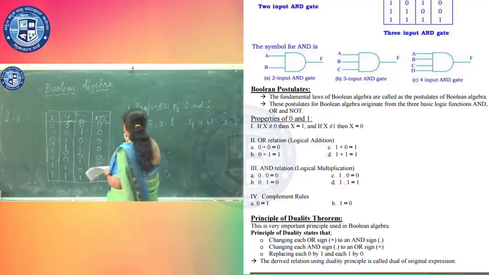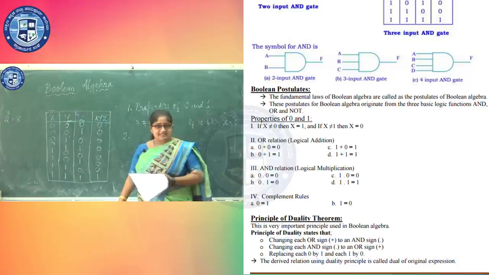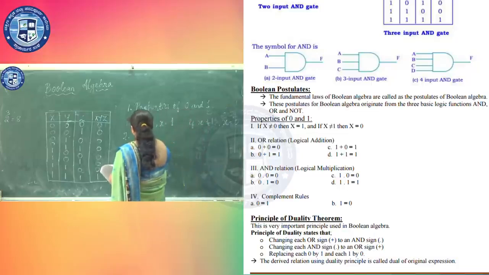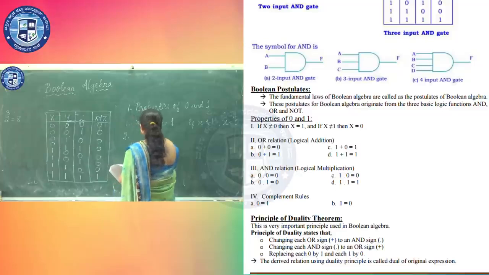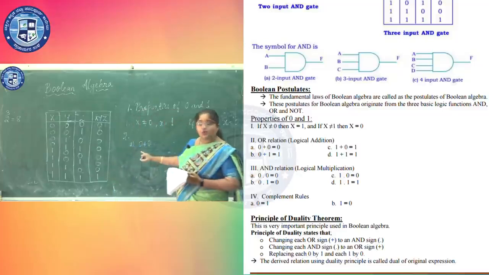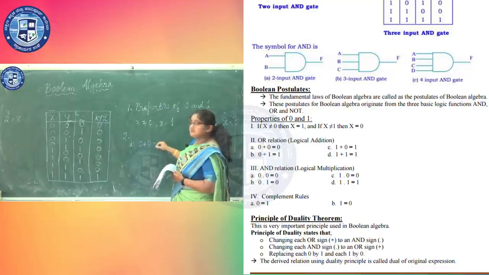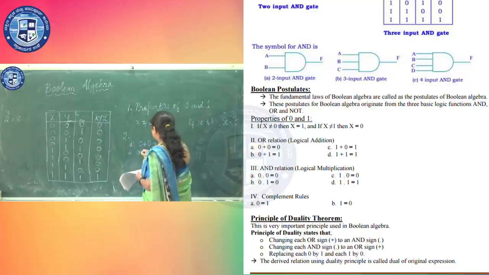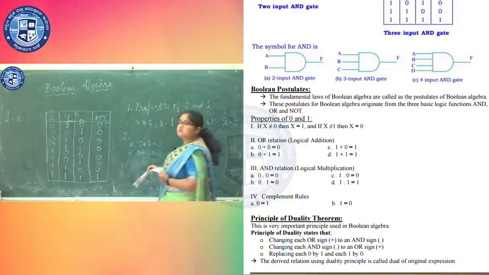Then the second one is the OR relation, wherein we have 0 plus, or we can say 0 or 0, that is 0, and 0 or 1.